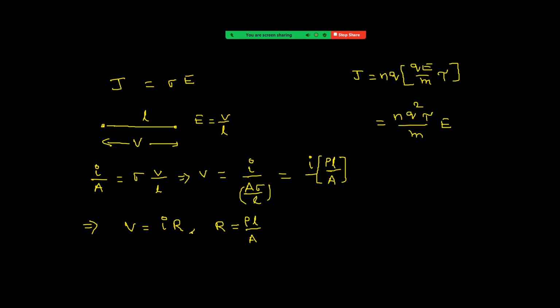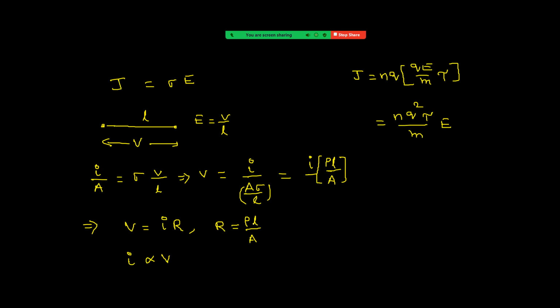Okay. So at a given temperature, R is a constant. So when R is a constant, V is proportional to I, or you can say I is proportional to V, because with more potential difference we get more current. So I proportional to V at a given temperature means R is a constant.